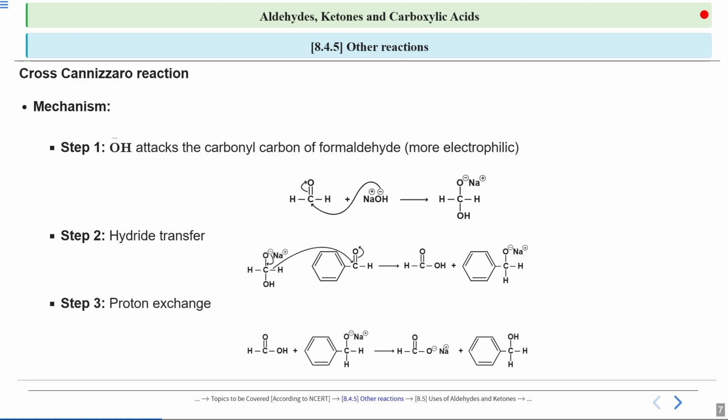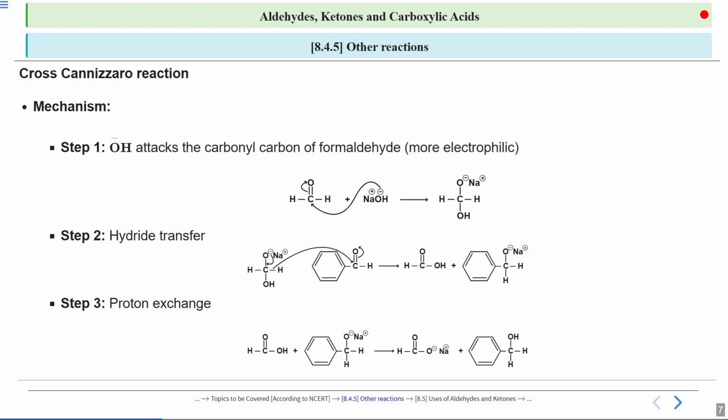And what is happening in step 3? In step 3, we have a proton exchange. This step involves the transfer of a proton, which is a hydrogen ion, between the obtained molecules, for the reduction of the benzaldehyde intermediate to an alcohol along with the carboxylate ion. So if you see, you have one carboxylic acid, so there will be a transfer of proton in this case.